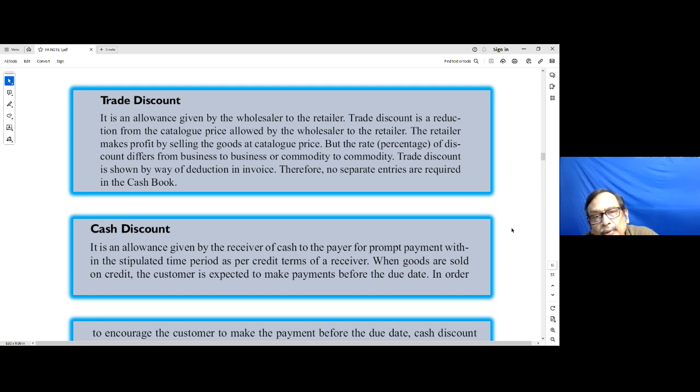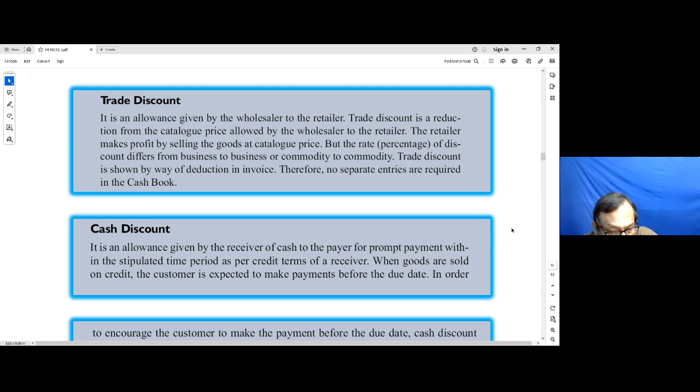The retailer makes profit by selling the goods at the catalog price, but the rate percentage of discount differs from business to business, commodity to commodity. Trade discount is shown by way of deduction in the invoice. Therefore, no separate entries are required in the cash book.